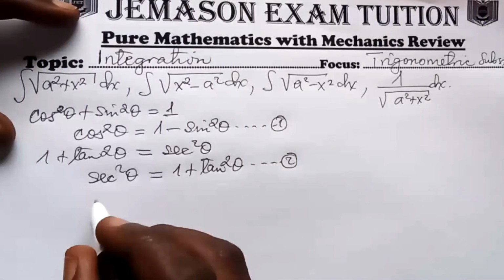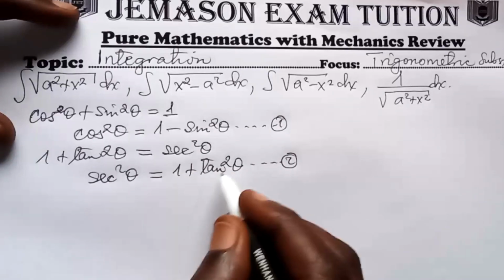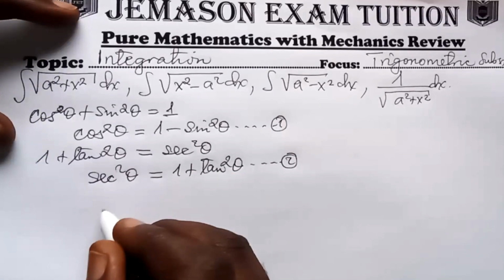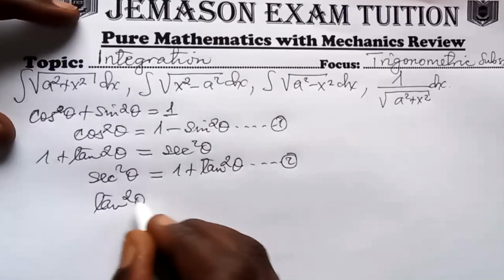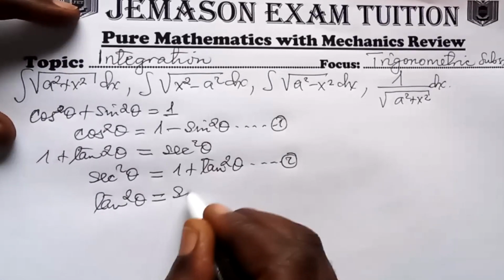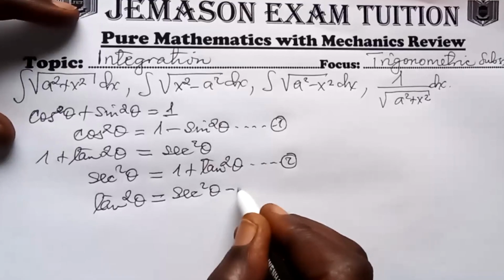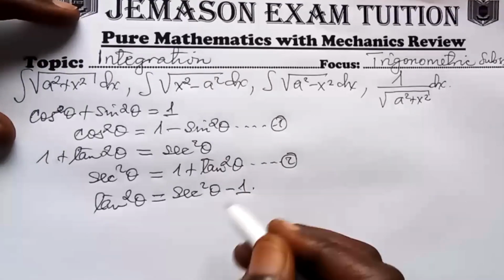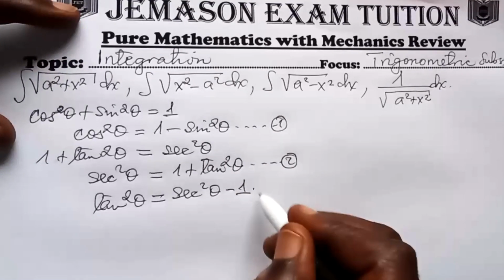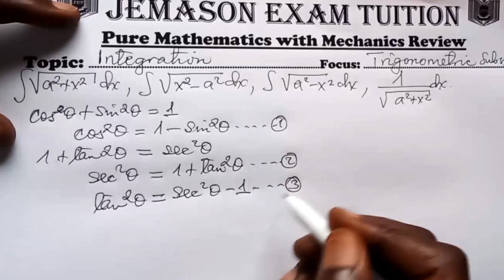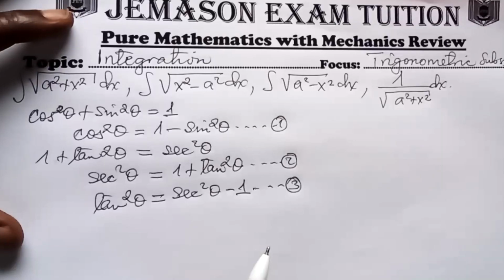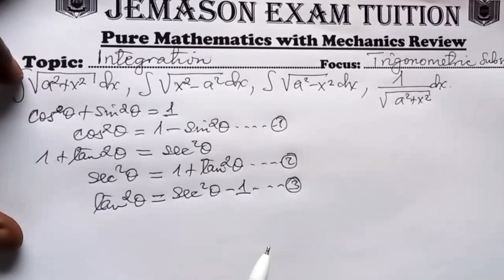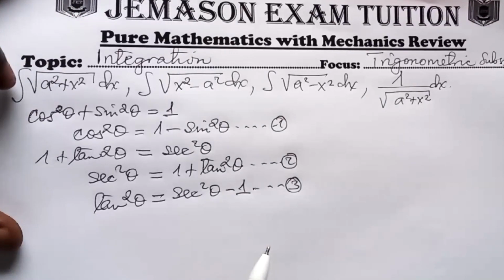And then the third one is derived from the second one by making tan squared theta the subject. So tan squared theta equals sec squared theta minus 1. And that is the third useful formula that we need to make reference to each time we come across any of the integrals mentioned above.